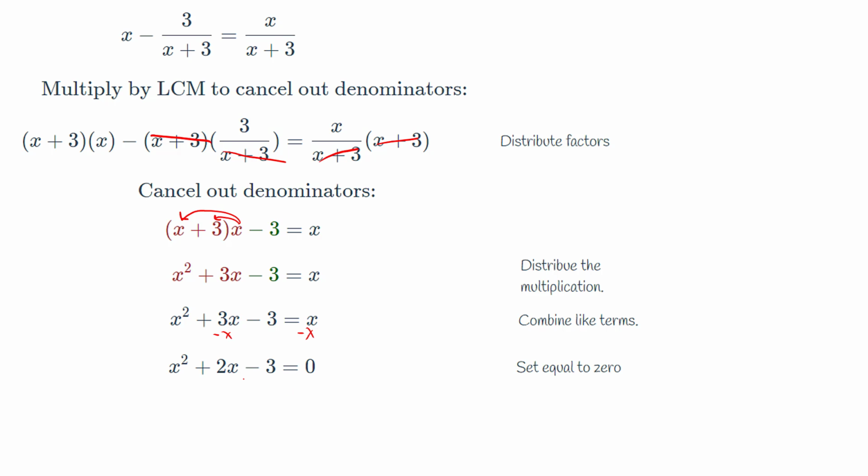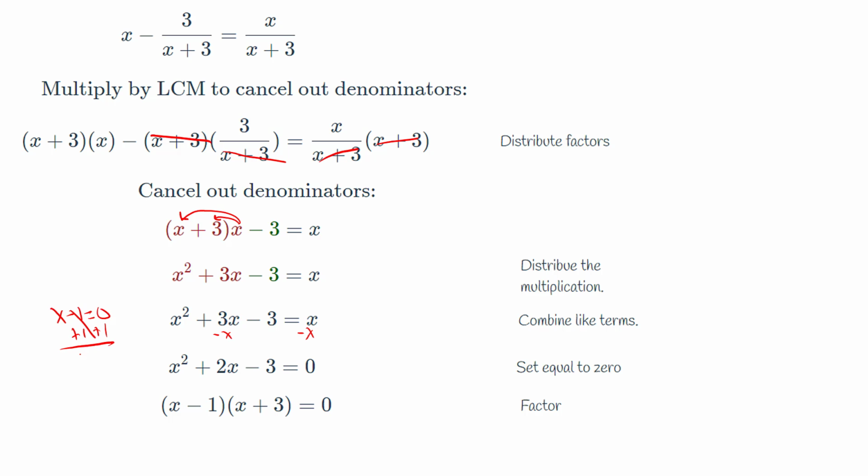Now we need to factor the left-hand side of the equation. When we factor that, you get (x minus 1)(x plus 3). To find our answers, we need to set those both equal to 0. In other words, x minus 1 equals 0, so we add 1 to both sides.